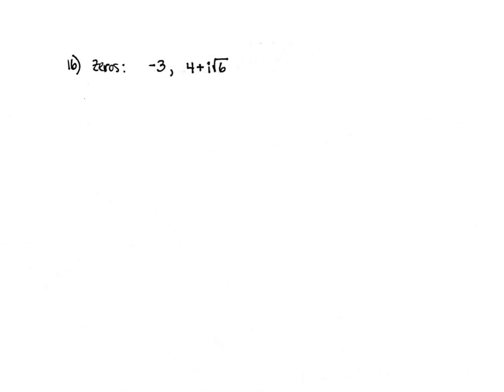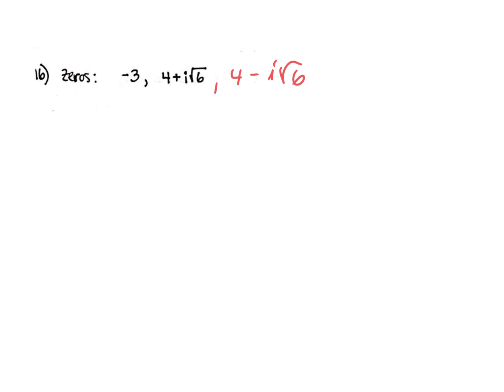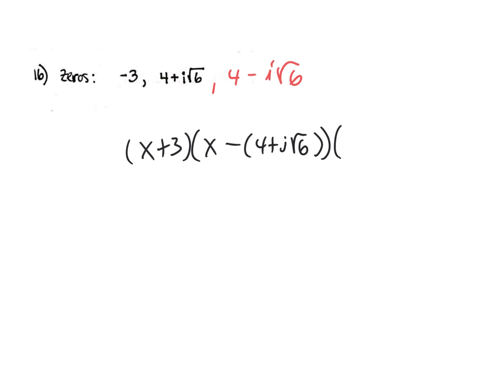Okay, looking at the next page. Once again, it's the case that if the teacher wants to give you zeros that are not only irrational but also imaginary, then we need to remember that the conjugate is also one of the zeros. So therefore, I think my student watching understands these would be the factors, which are a little crazy.